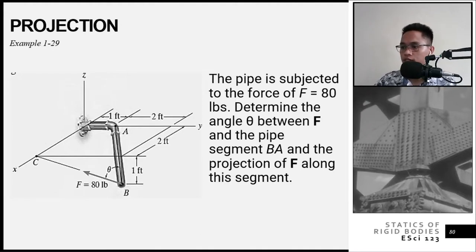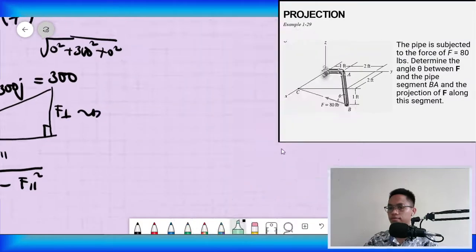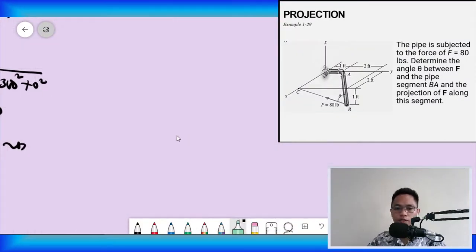So let's just solve. The pipe is subjected to the force F, 80 pounds. Again, what we need here is the force.